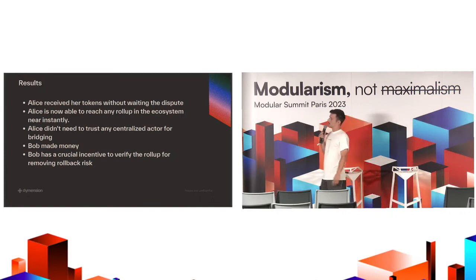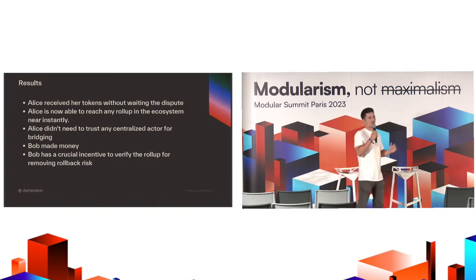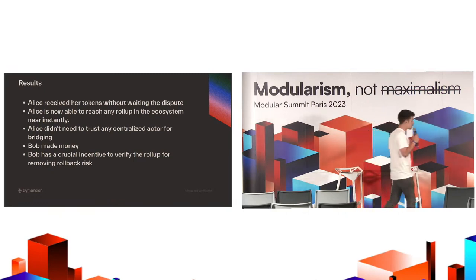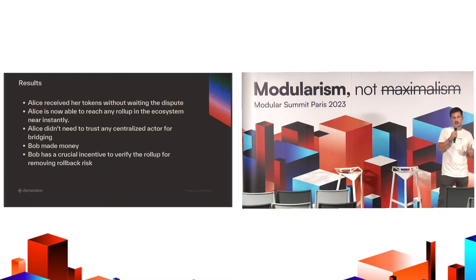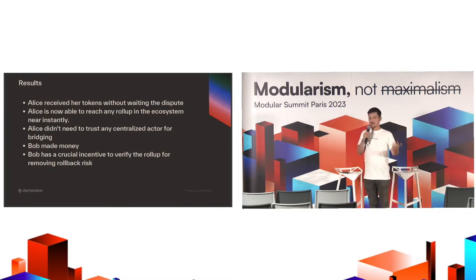The other result from Bob's side is Bob made money. I think it's super important to understand that we want to enable as many ecosystem participants as possible to make money. This creates a community, it creates an economy, it rewards the players that are in the ecosystem, and it's good.